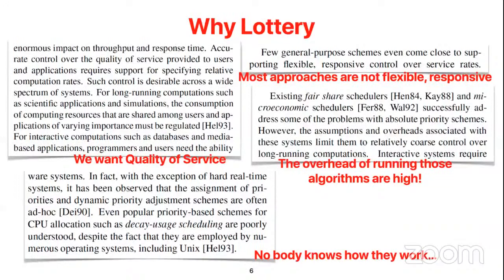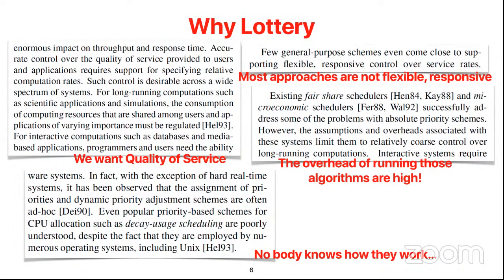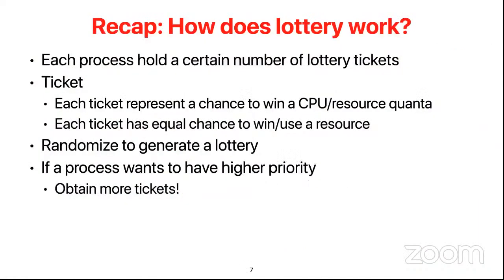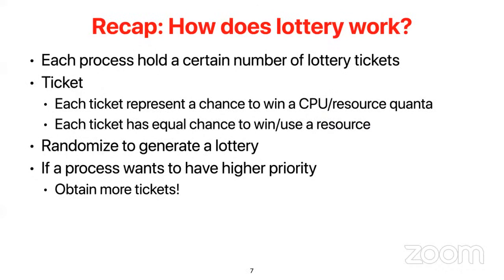And more importantly, we have way too many good researchers who write good papers, but nobody really knows how they work, because no one really knows how this mathematics would translate to real implementation. So the lottery has a different view: every process just holds a certain number of lottery tickets, and the number of tickets you have corresponds to the importance, or say the priority, of your program.